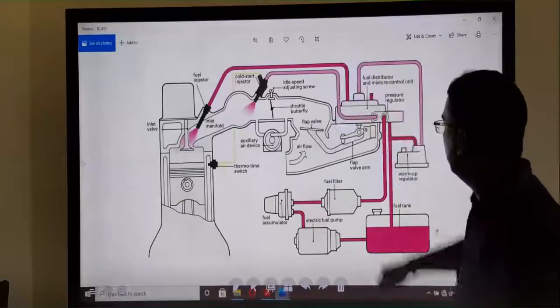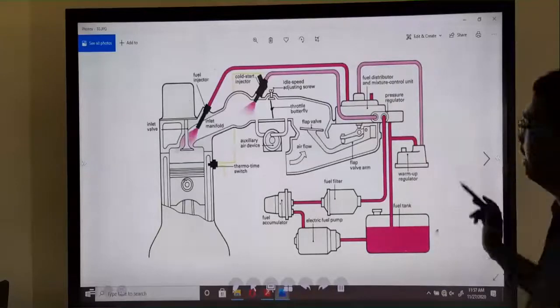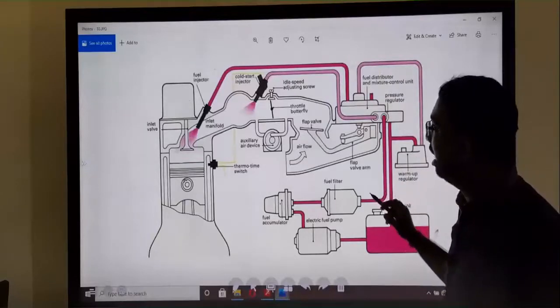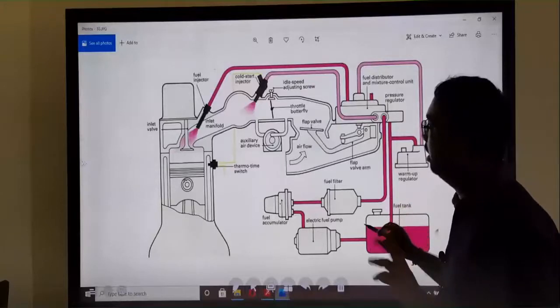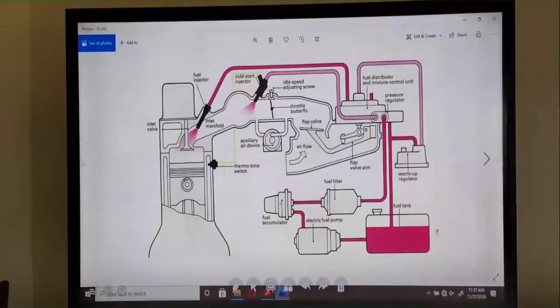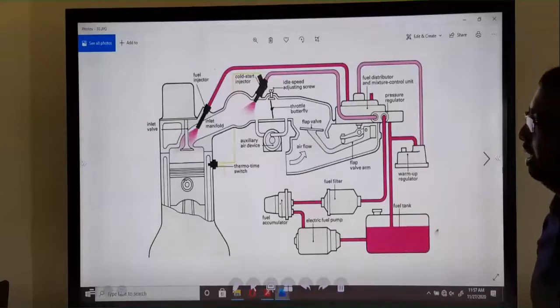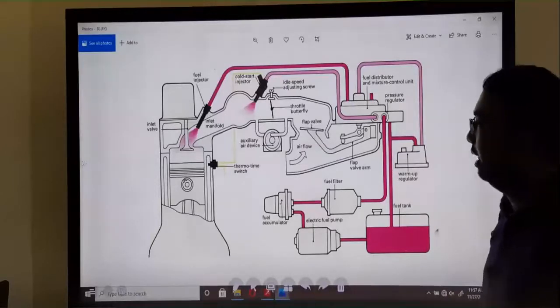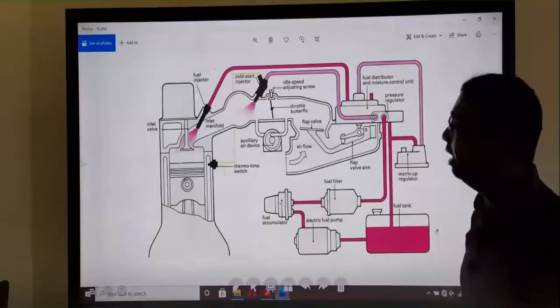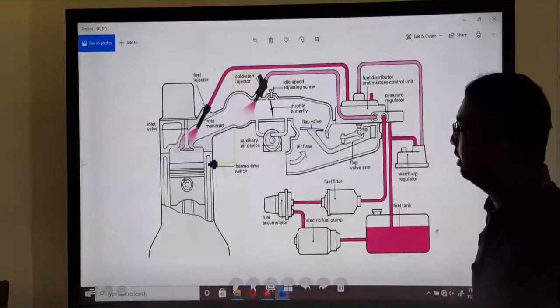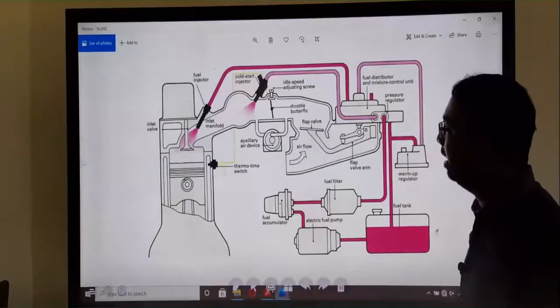So for this warm up regulator there is also another line. You can see this is like a choke. There are two injectors. When it is cold, because in the carburetor we use the choke, here there is a cold start injector, so there is a separate line.